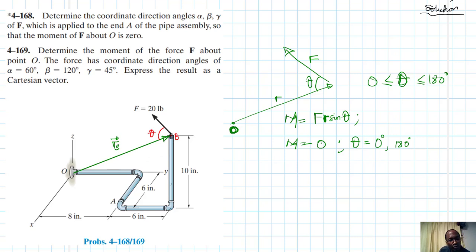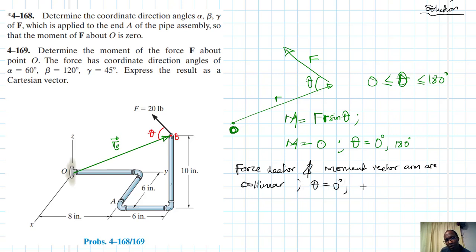The angle between these two vectors, the moment arm and the force vector, is 0 or 180 when the force vector and the moment arm are collinear, and they can only be collinear when theta is equal to 0 or theta is equal to 180.